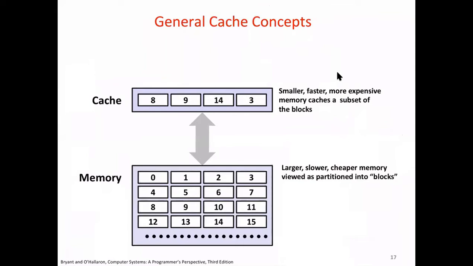Obviously, being smaller, it can hold a smaller number of blocks. The number of blocks in memory here is 16, while the cache has only 4 blocks.